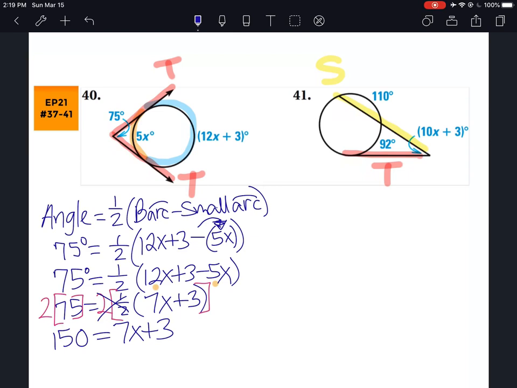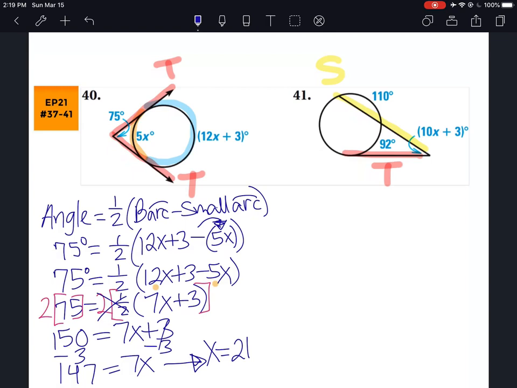Then you can subtract 3 to leave the 7x by itself. You get 147 equals 7x. And then from there, you can divide both sides by 7. And your final answer would be x is equal to 21. And that's how you do number 40.